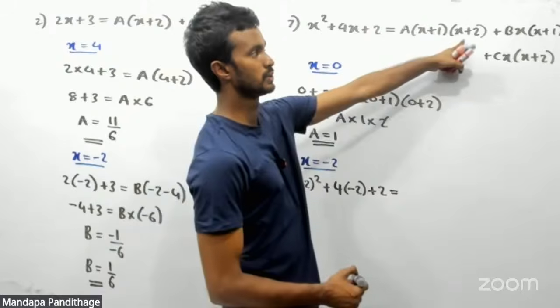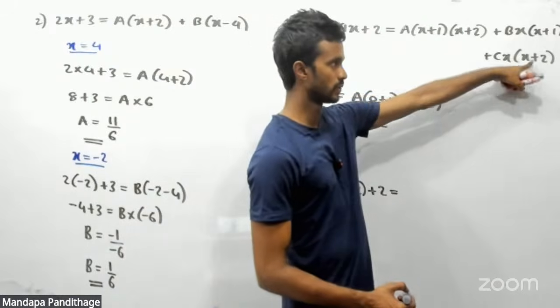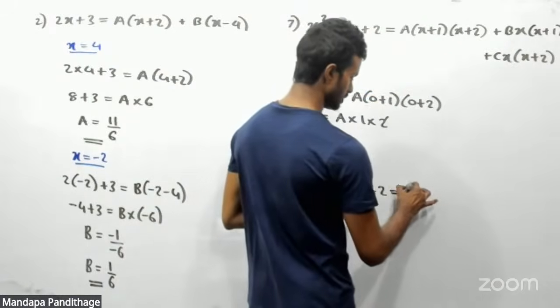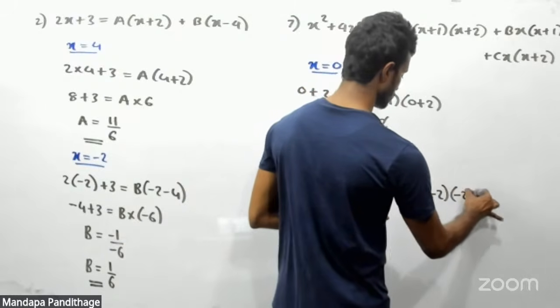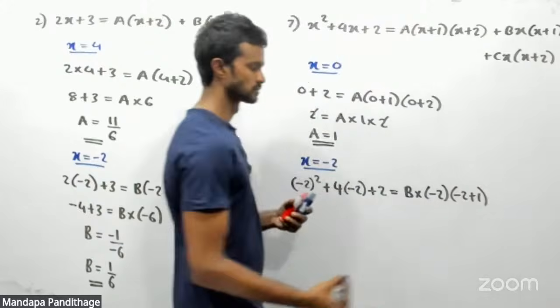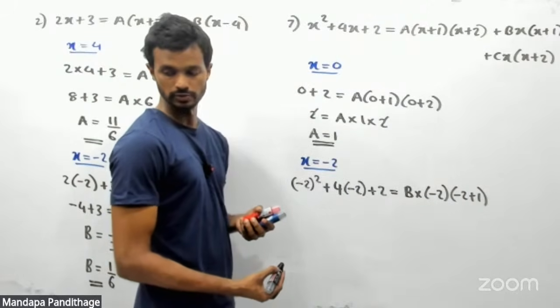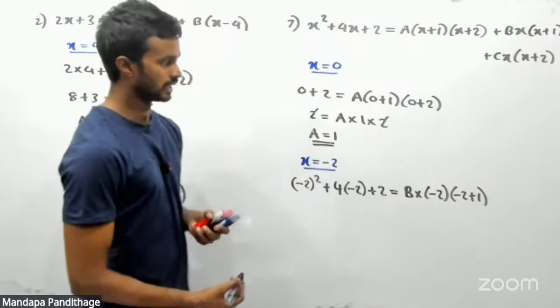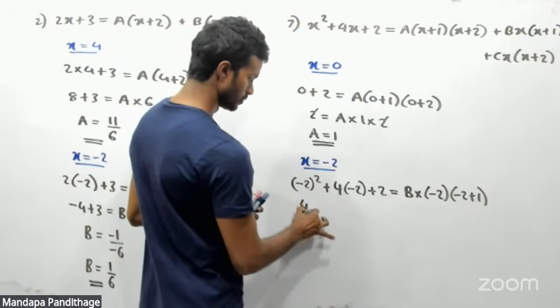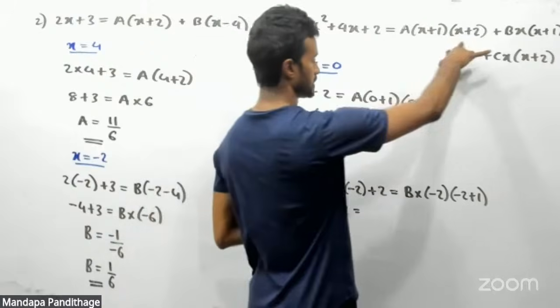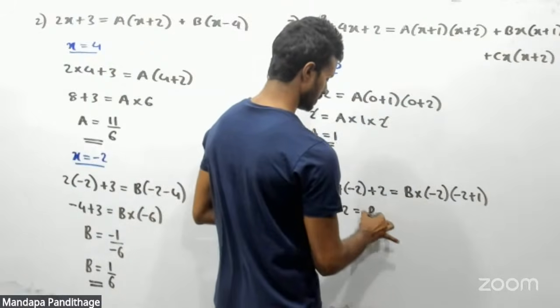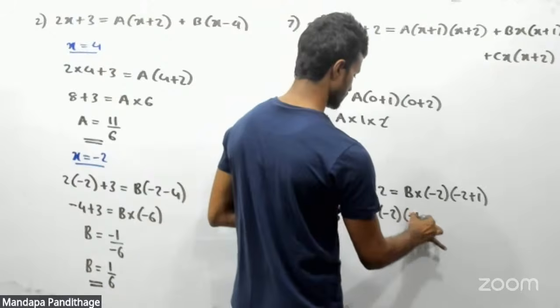Here this becomes 0, this becomes 0, and only b into minus 2 into minus 2 plus 1 is remaining.